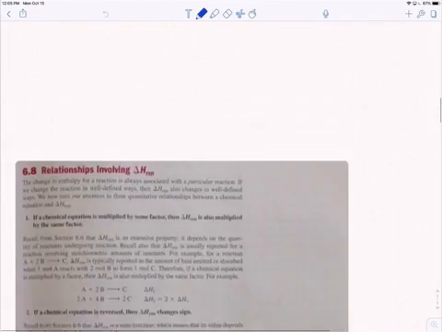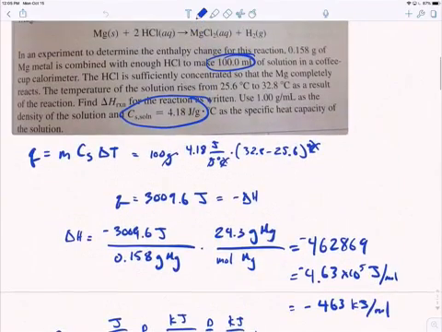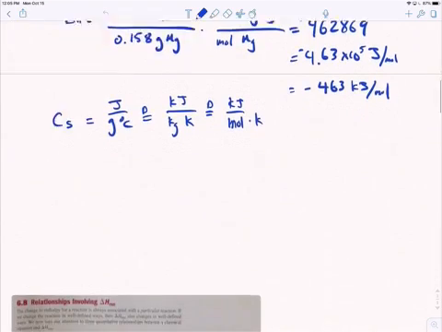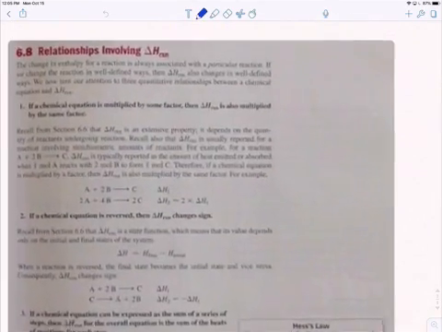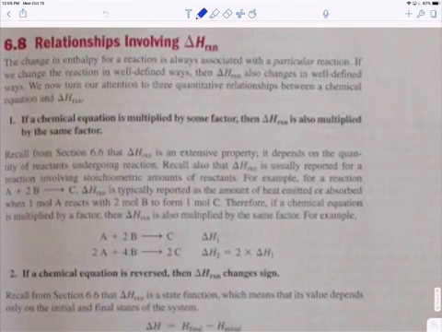Okay, where we're at, we're in thermodynamics, and we've learned a bit about what the first law is, what enthalpy is, and doing some calculations for that. Now we're going to go into talking about enthalpy a little bit more. So some things about delta H reaction, the enthalpy change of a chemical reaction.